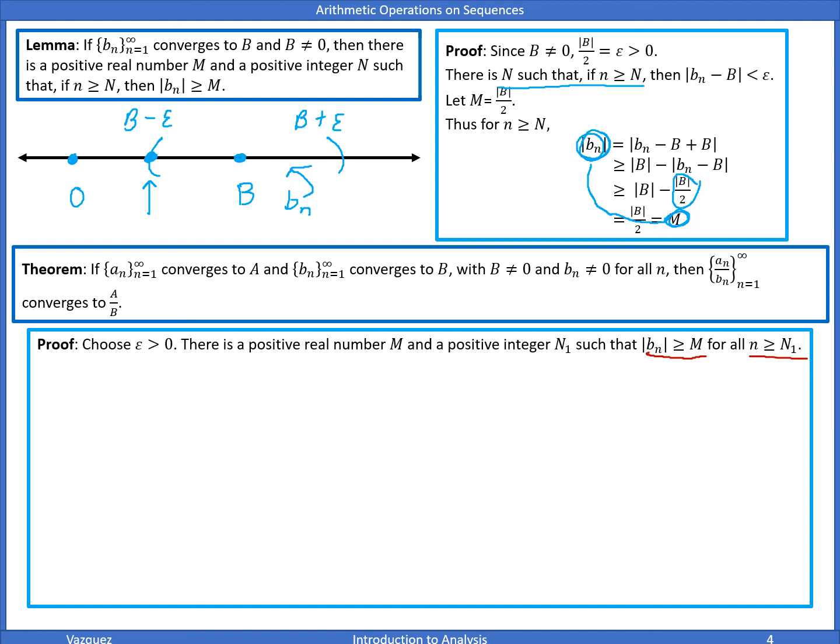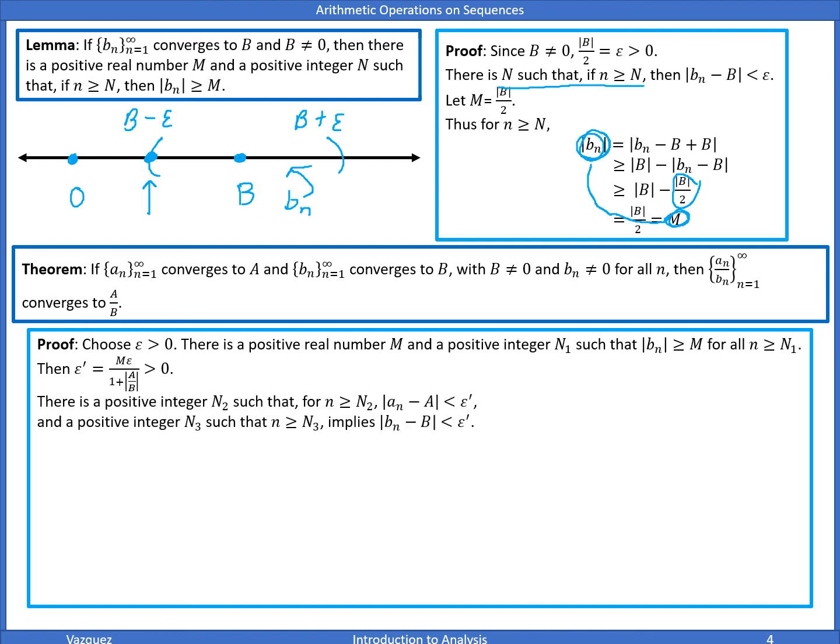Then comes our little clever part that mathematicians work backwards to get: setting our new epsilon equal to m times epsilon over 1 plus a over b. And again, to understand the reasoning for this choice of epsilon, it's the same reasoning as the last slides, where you work backwards with scratch work and see what works for our new epsilon to make our expressions less than epsilon in the end. And we're going to see it here.